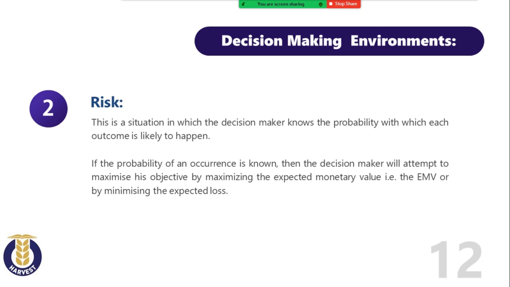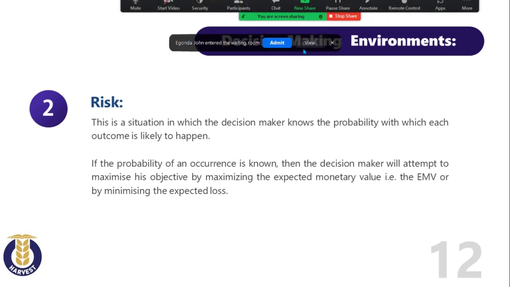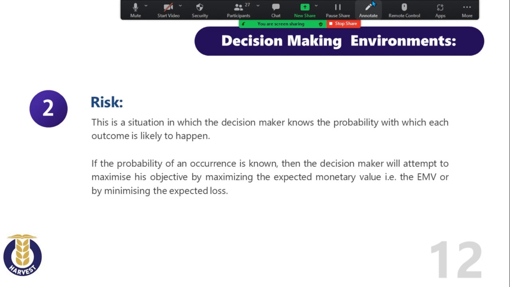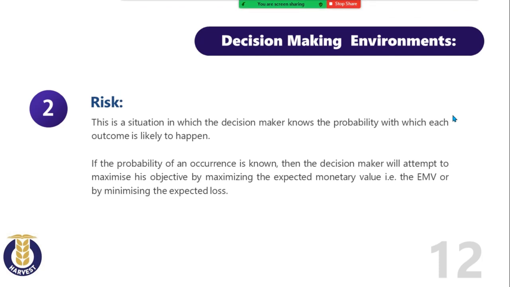And we are saying that if the probability of occurrence is known, then the decision maker will attempt to maximize his objective by maximizing the expected monetary value, or by minimizing the expected loss. If there is a loss that you expect, you definitely select the course of action that minimizes the expected loss.